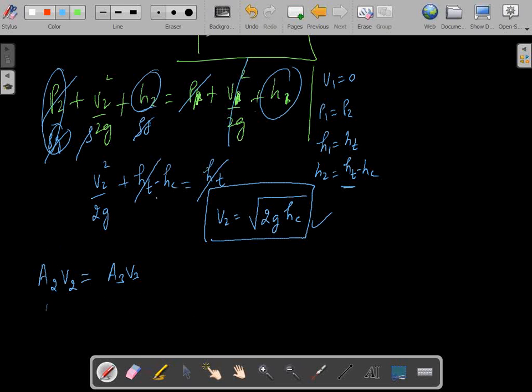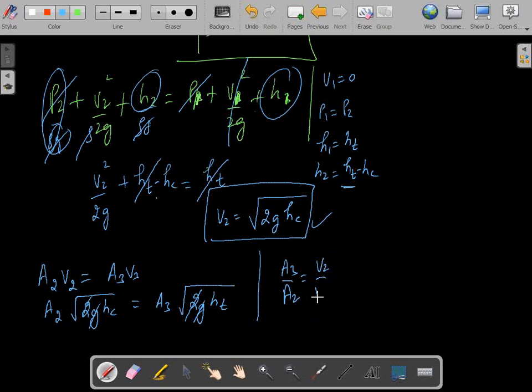Now A2 into root 2 GHc is equal to A3 into root 2 GHt. Root 2G cancelled off. This means it will give us A3 by A2, which is equal to V2 by V3, and this will give me under root Hc by Ht.